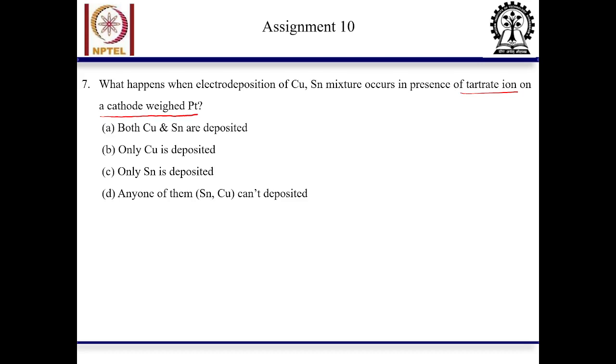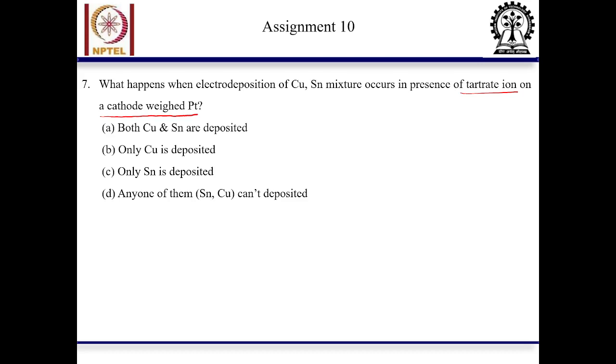Because if you have gone through lecture number 49, I think most probably there you have seen which one will deposit, like if you have the presence of tartrate, and why only that metal is deposited, others will not deposit.